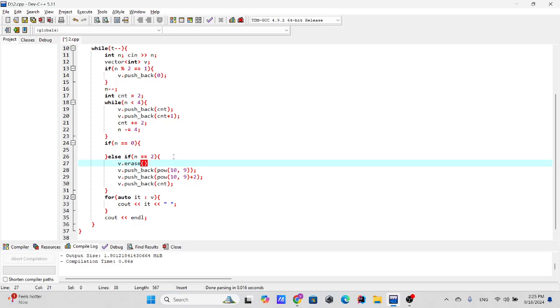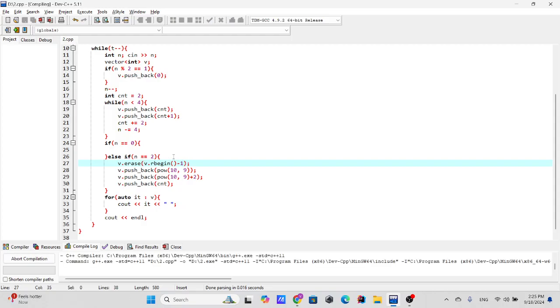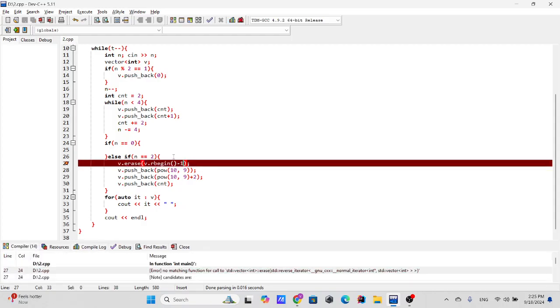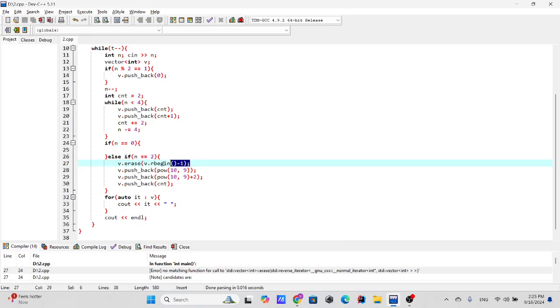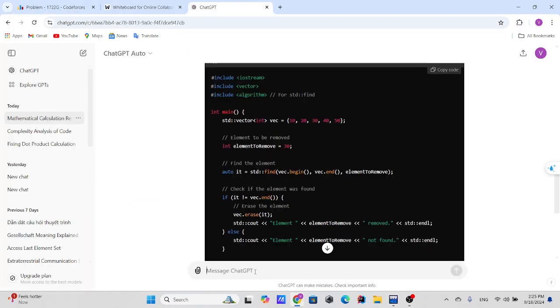Erase, vector.r, maybe rbegin, -1. This is last. How is this correct? How is this not correct? Not correct.